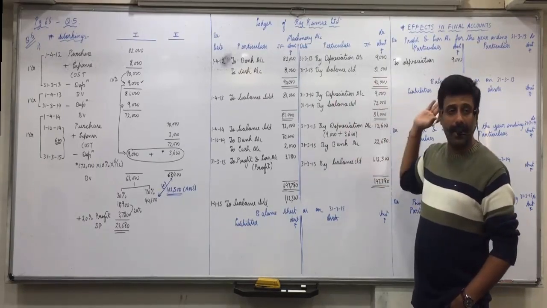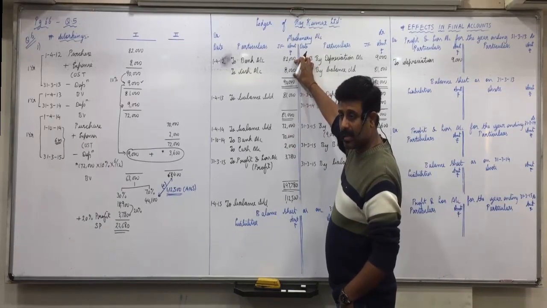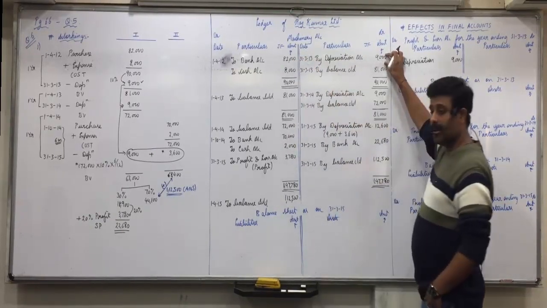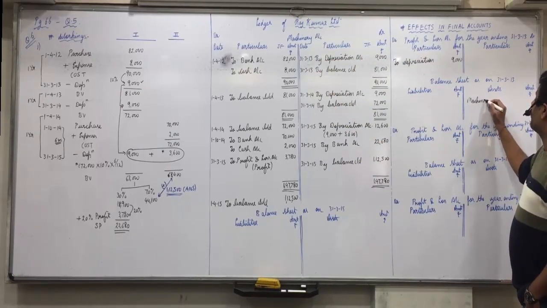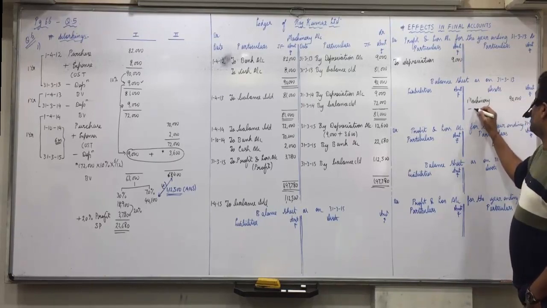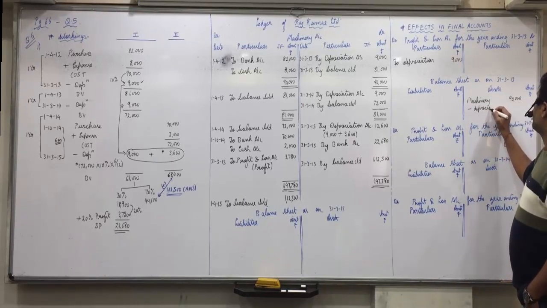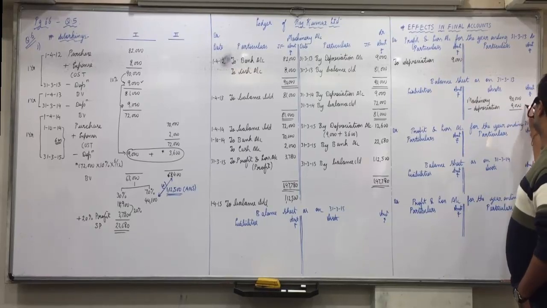Closing balance should come in outer column. So debit side machine of 90,000 is purchased, minus credit side 9,000 of depreciation. So outer column 81,000.